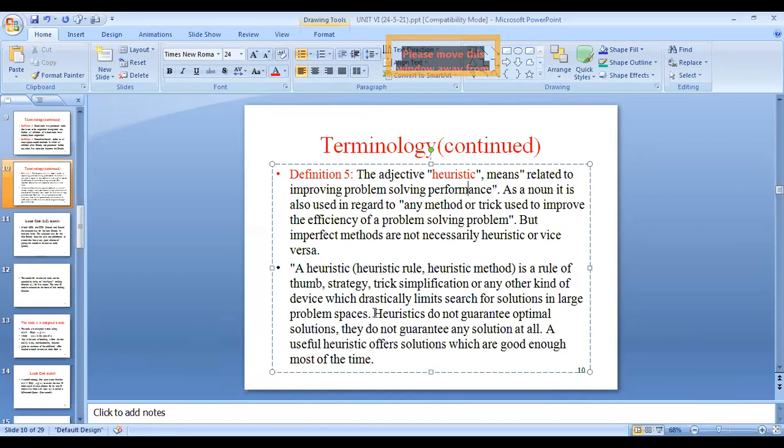But heuristics don't guarantee optimal solutions, meaning a minimum cost or maximum profit solution. Sometimes they do not guarantee any solution at all. A useful heuristic offers solutions which are good enough most of the time.